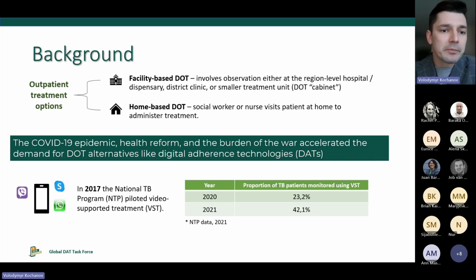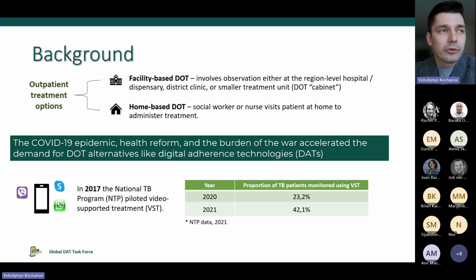In Ukraine, historically, there were two prevailing outpatient treatment options, which were facility-based directly observed treatment, which involved observation either at the region-level hospital or TB dispensary, or smaller treatment units like district clinics or so-called DOT cabinets.